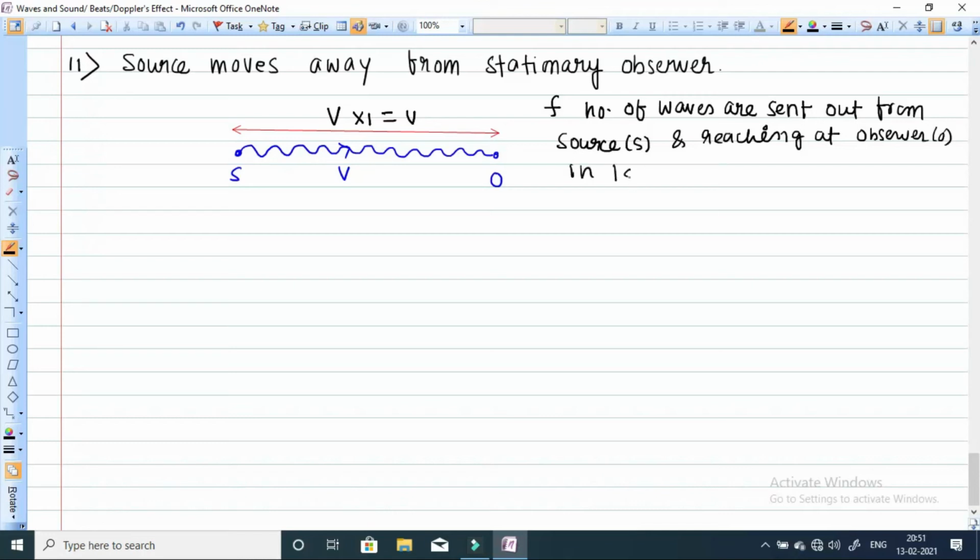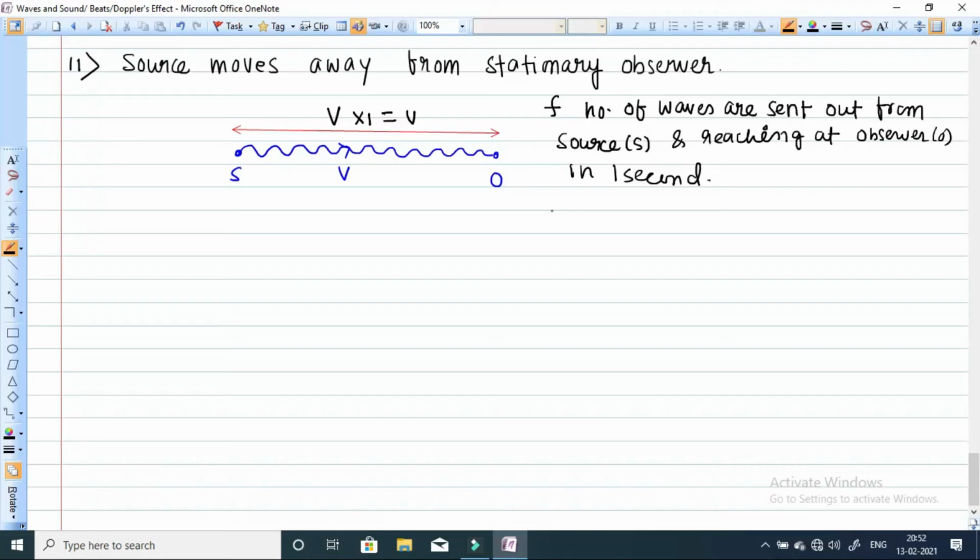Per second we are going to calculate. This is the initial case. So how much distance will they occupy? I can say f number of waves are occupying a distance of v in 1 second.